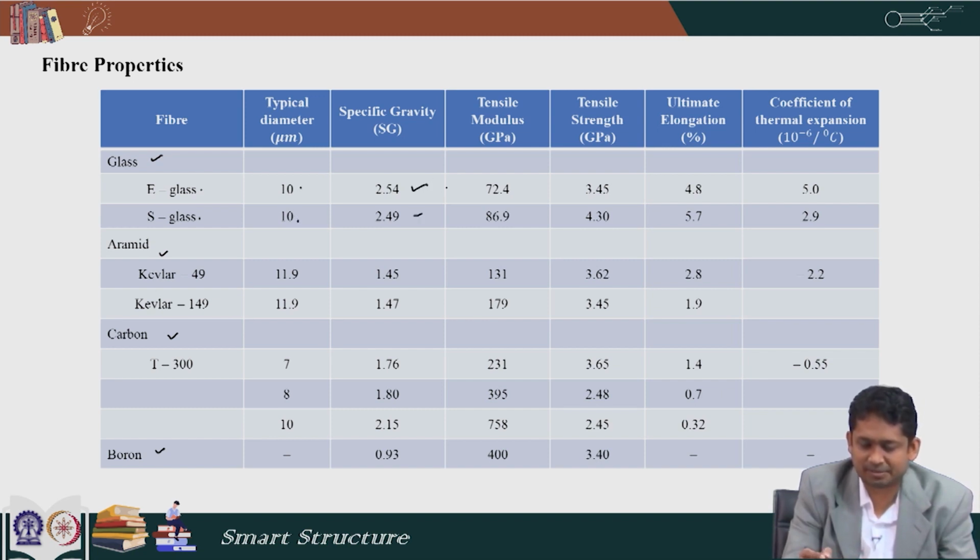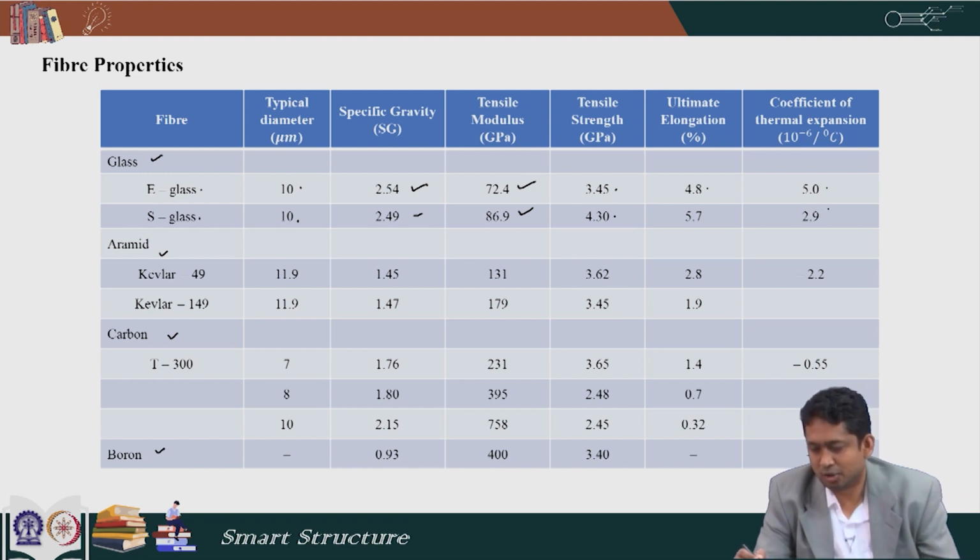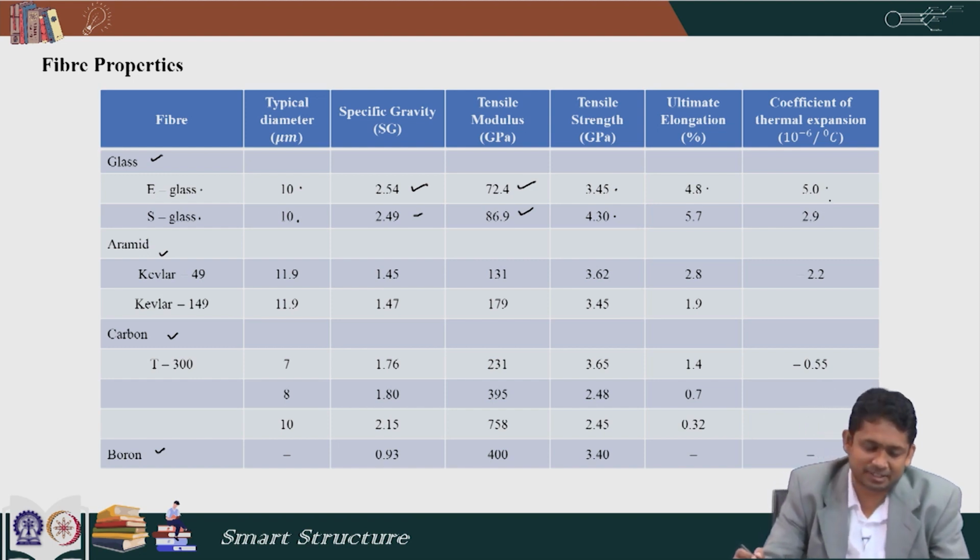Here specific gravity is given. Tensile modulus in GPa is around 70 to 80 GPa. Tensile strength is around 3 to 4 GPa. Ultimate elongation in strain is around 4 to 5%, and the coefficient of thermal expansion varies from 5 to 2 times 10 to the power minus 6 per degree centigrade.